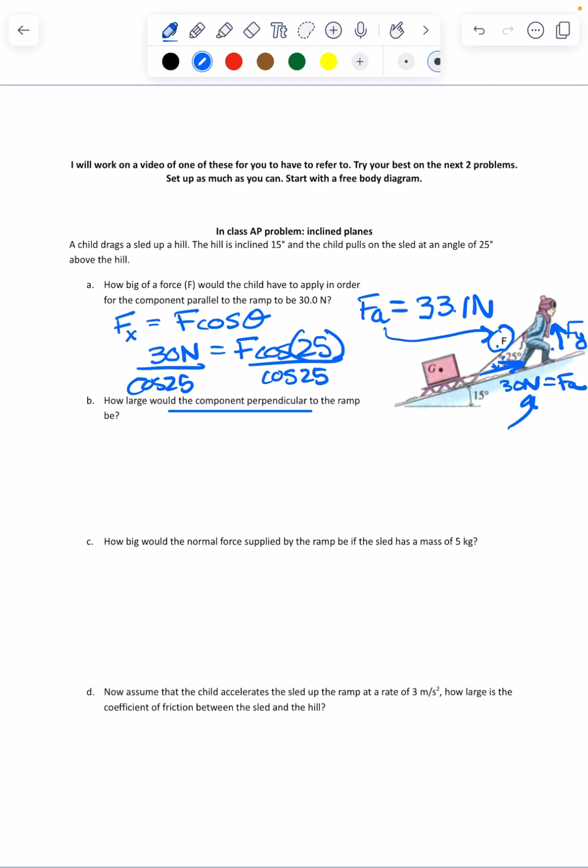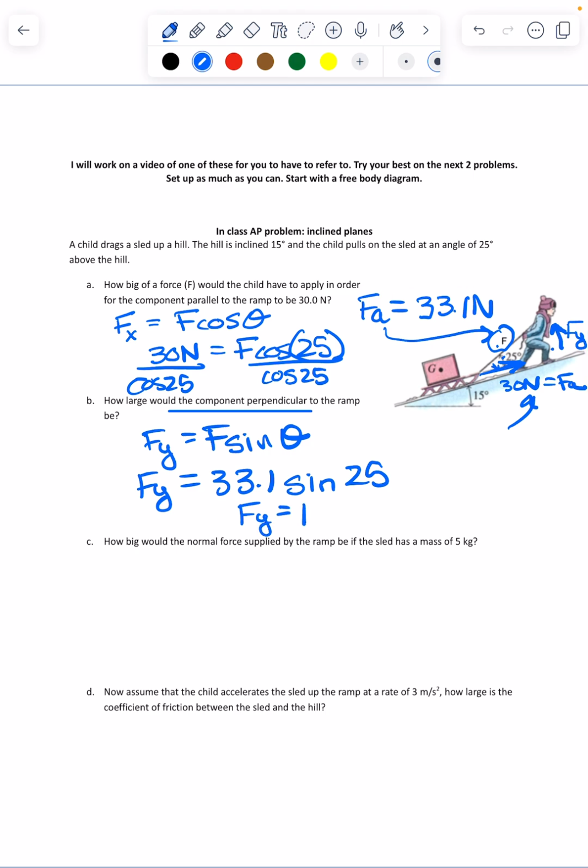It's opposite the angle. So Fy is equal to F sine theta. In this case, I know F because I just solved for it above. That's 33.1, and I know the angle of the ramp is 25 degrees. So 33.1 sine 25 means that my y component is 13.989 or something, so let's just call it 14 newtons.